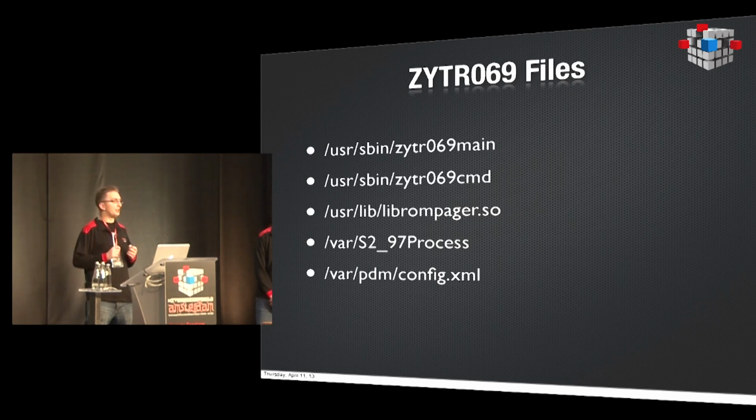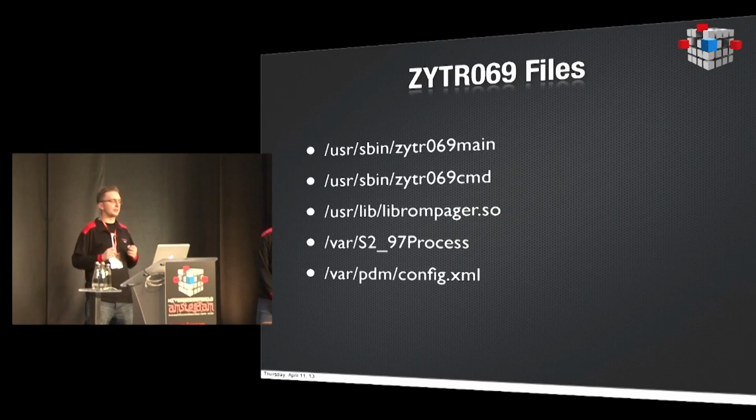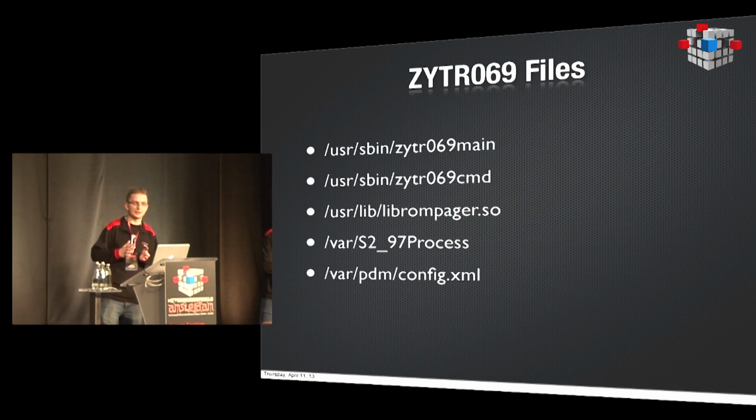Then there is in /usr/lib a file called librompager.so, which is a shared object used by the main binary. This shared object actually implements all of the HTTP functionality used by the ZyTR069. So this means that ZyTR069 main implements only TR069 specific stuff, and all the HTTP and web server stuff is implemented in this library called librompager.